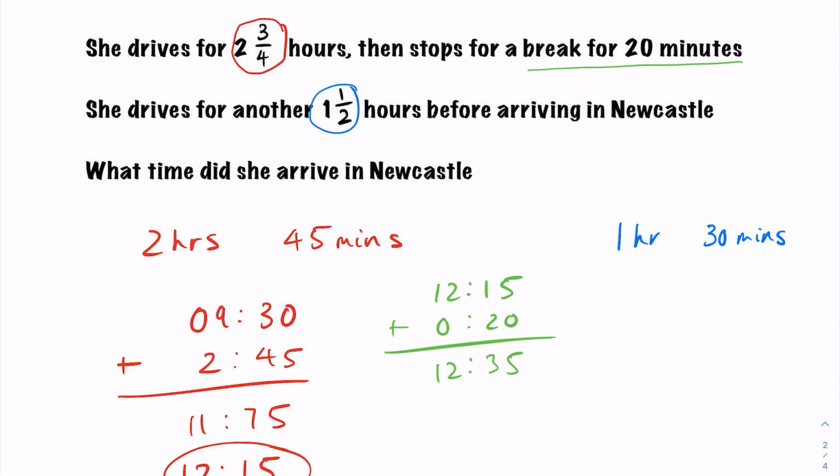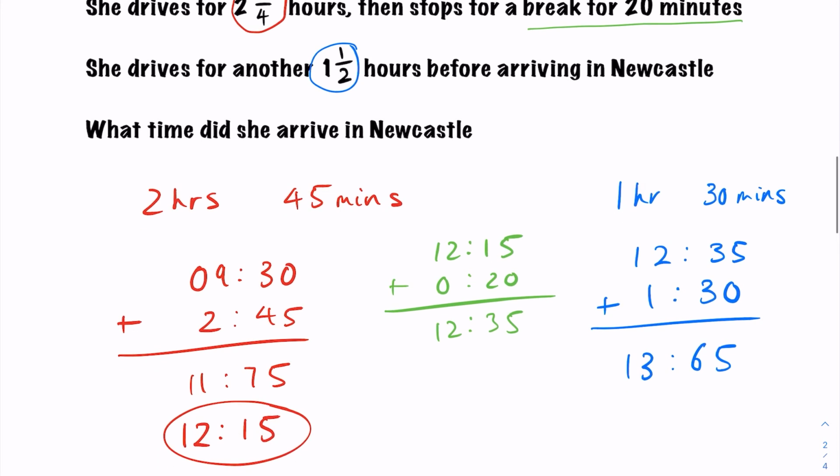And so adding this on to 12:35, the time she started to get back on the road, you would have 12:35 plus 1 hour and 30 minutes. That's going to give you 13, so that's 1 p.m., and 65 minutes. And again, that should never exceed 60 minutes.